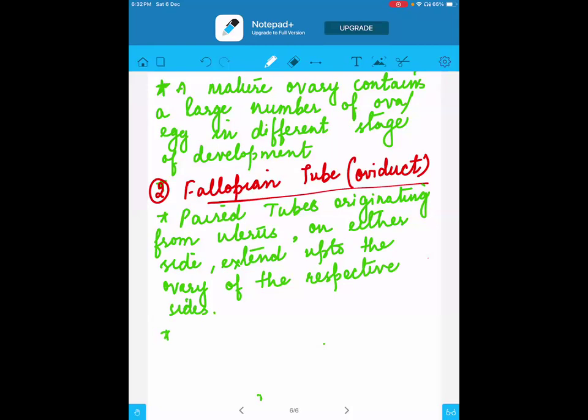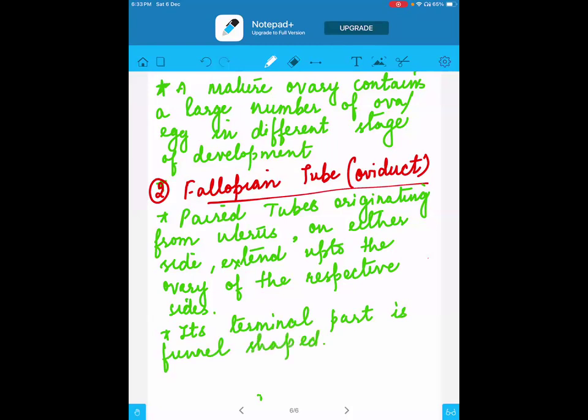Second thing, what do they do? These have finger-like projections present in them, which are called fimbriae. Its terminal part is funnel shaped.